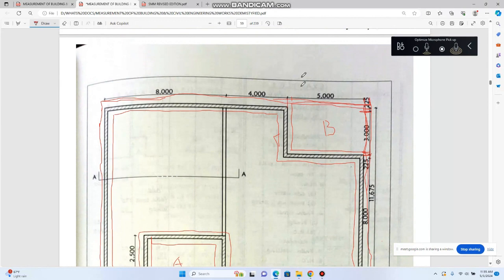Alright. You see, this width of the void starts from outside the foundation spread to inside, up to the inside of the foundation spread. Because everywhere we have this foundation spread we had already, it's part of the building. So we shall measure from outside the foundation spread to inside the foundation spread here.